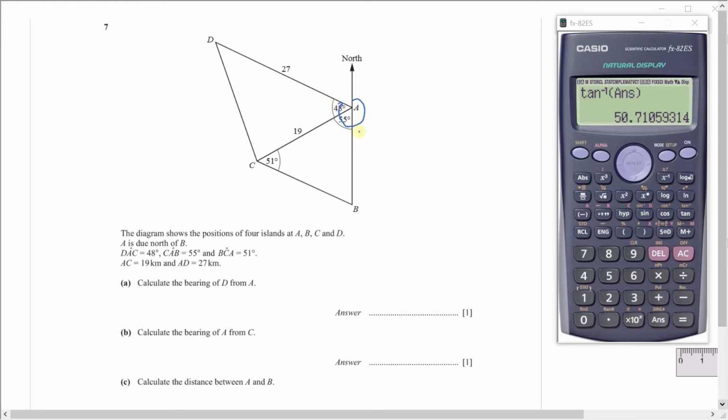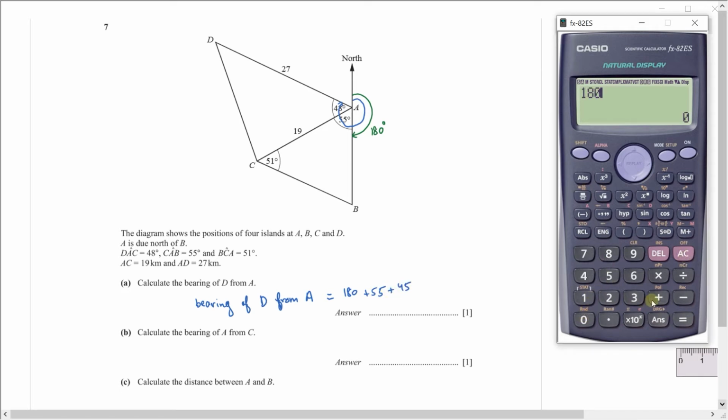Since we are given that A is due north of B, that means B is south of A. So this angle up to this point is 180 degrees. So if I add 55 and 45 to 180, I will get the bearing of D from point A. So the bearing of D from A will be 180 plus 55 plus 45.